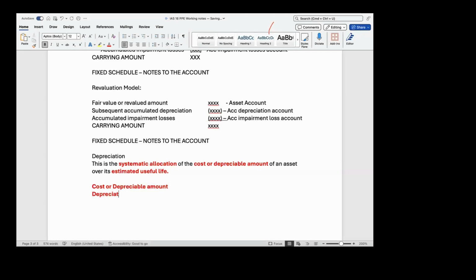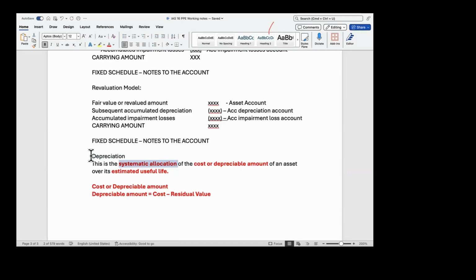In fact, depreciable amount is actually cost of an asset minus residual value of that asset. Since depreciation is all about allocation, when we say depreciable amount, it means the portion of the cost that you can allocate.